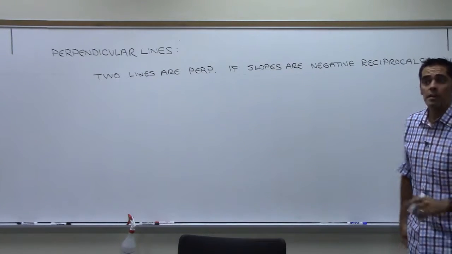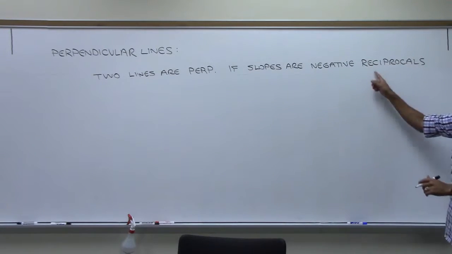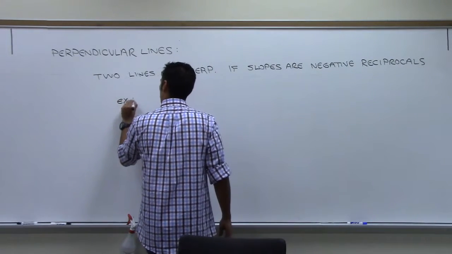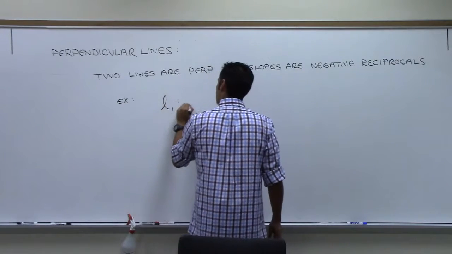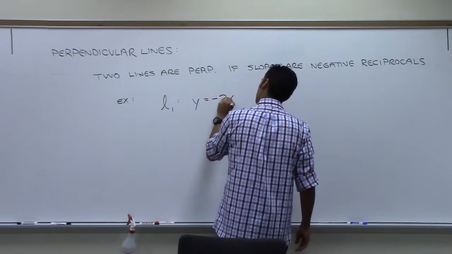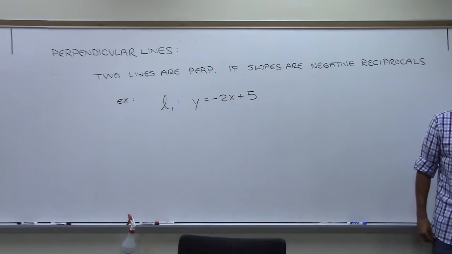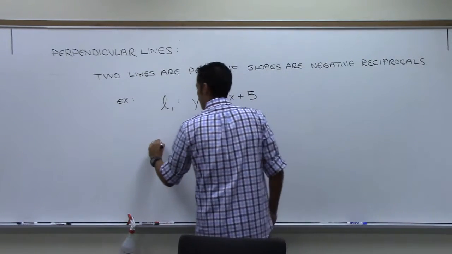So let me show you an example so you understand what negative reciprocals means. As an example, if I take line 1 and I say y equals -2x plus 5, that's the line we had earlier, right? And now I come in here with line 2.